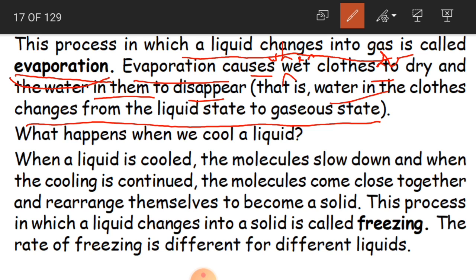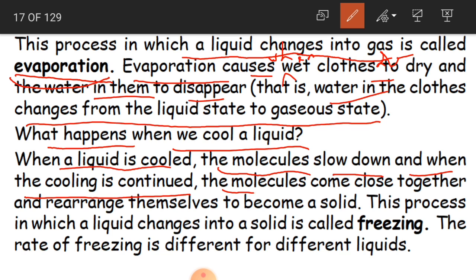Clear, children? Now we'll see what happens when we cool a liquid. This is the opposite. When a liquid is cooled, the molecules slow down, and when the cooling is continued, the molecules come close together and rearrange themselves to become a solid.